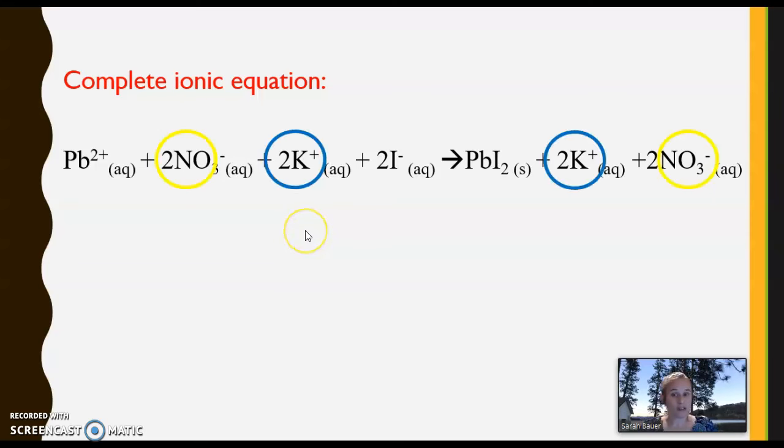So what you might notice, though, is we've got some kind of repeats on both sides of the equation. We have nitrate the same exact on both sides, and we have potassium the same exact on both sides. So these are called spectator ions because they spectate, they're just watching. These are your wingman, and if I got to meet Liam Neeson in real life, and I am telling you the story of meeting Liam Neeson, I am not going to tell you about all of the other people that are there.